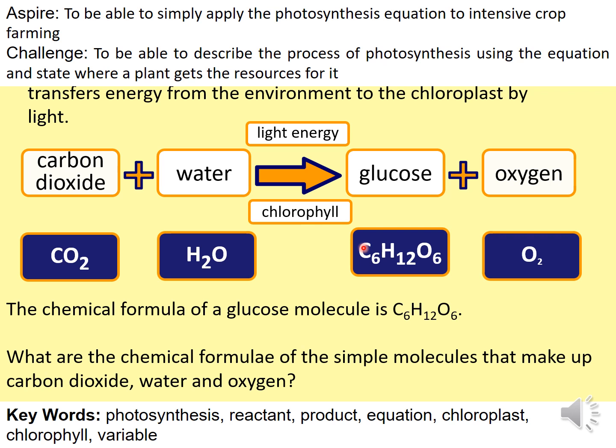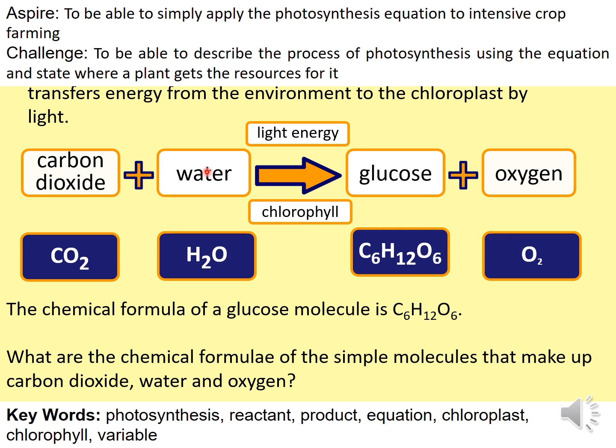So carbon dioxide, can you remember where the plant gets that from? Hopefully you're thinking from the air at the moment. And where does a plant get water from? Hopefully at this point you're thinking it's rain that comes up through the roots.